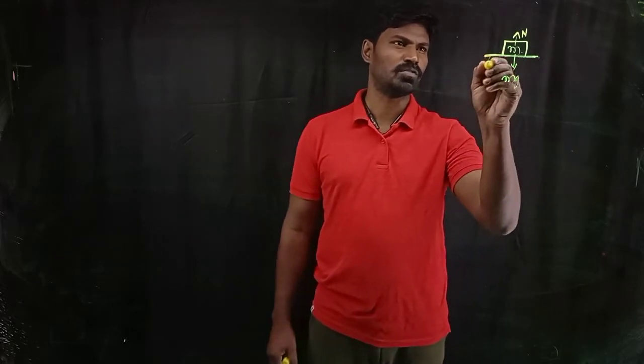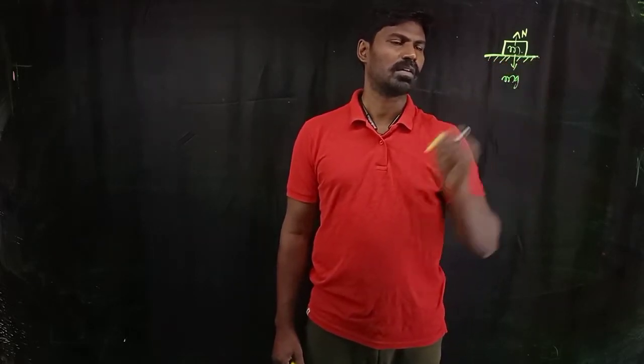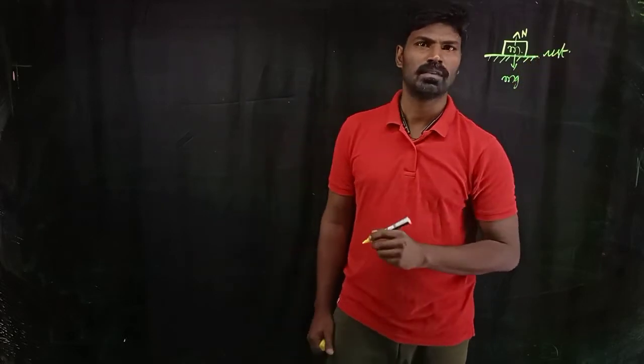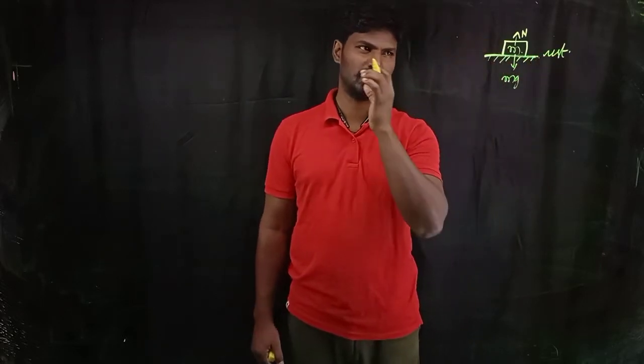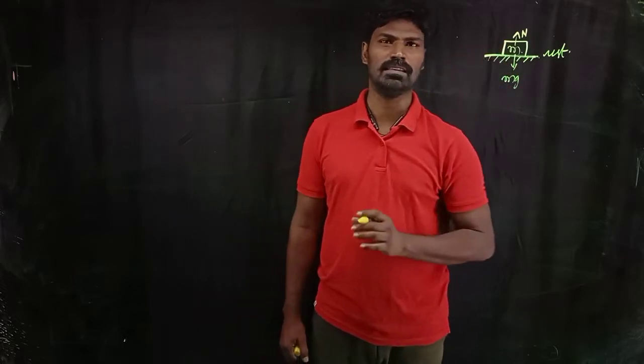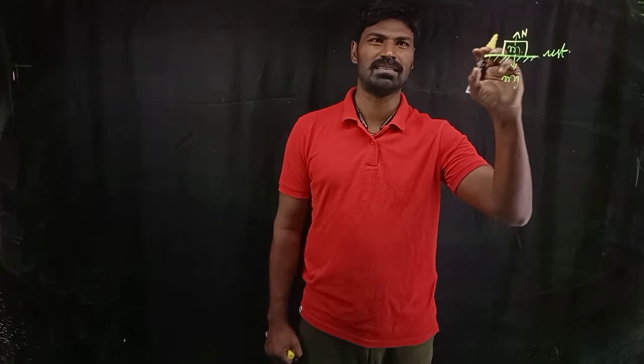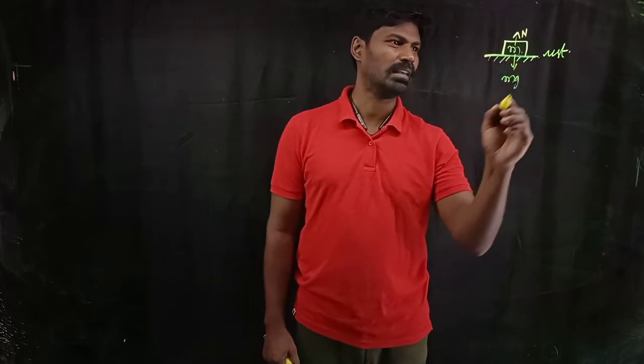Under the influence of these two forces, the body is at rest. The resultant force acting on the body is zero, because of which the body is at rest. So this balanced state is called equilibrium.